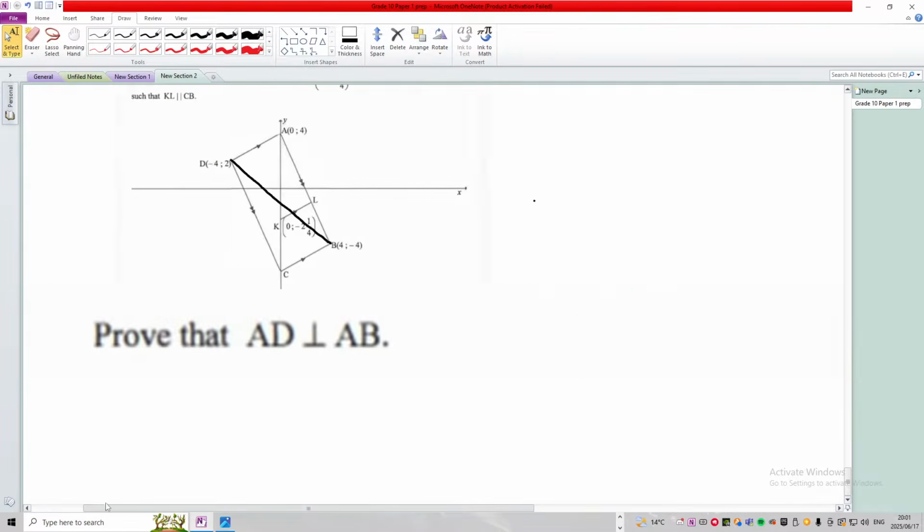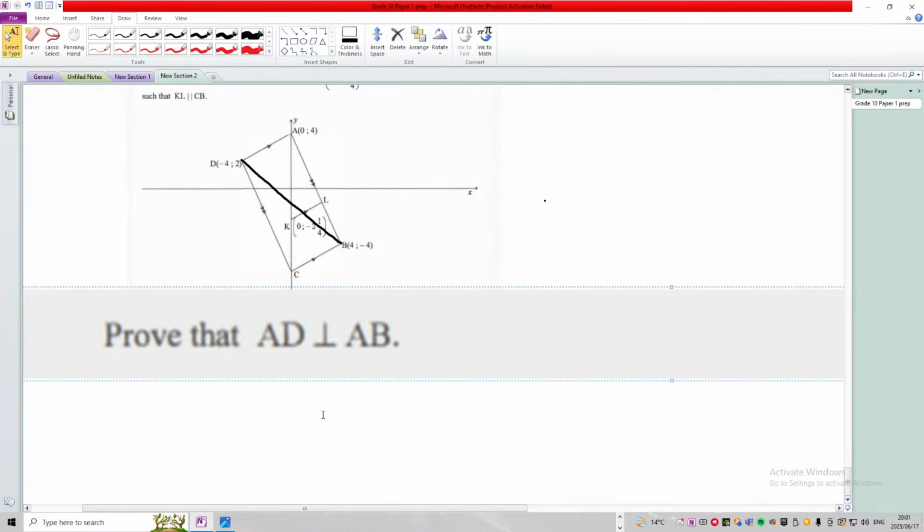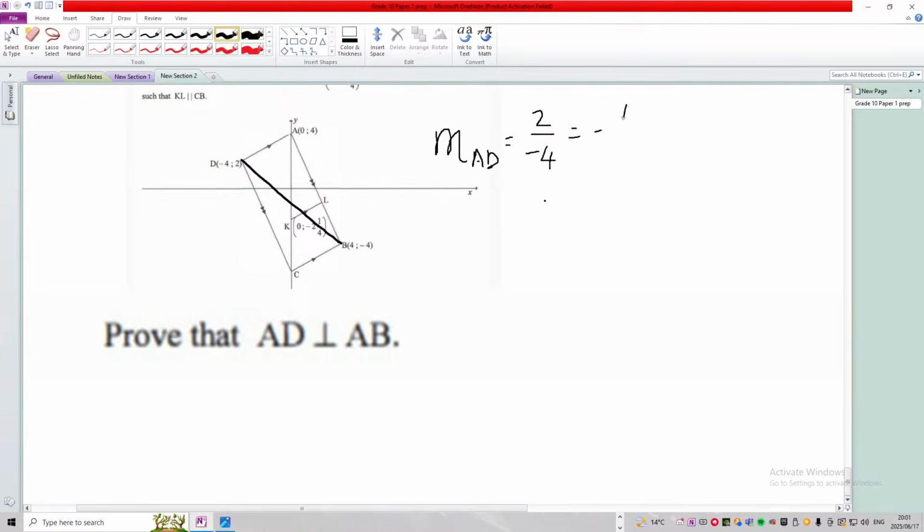Okay, so we find the gradient of AD. AD is 4 minus 2, which is 2 over minus 4, which is minus a half.